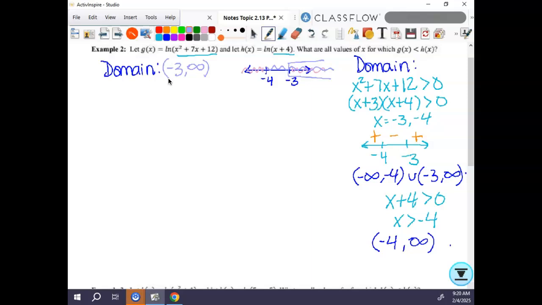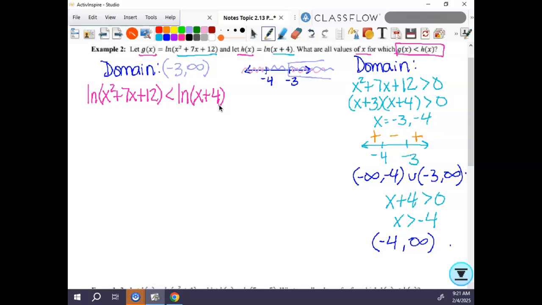I'm going to go back and read the question that I haven't read yet. Let g of x equal this, h of x equal this. I want all the values of x for which g of x is less than h of x. All right, so natural log of x squared plus 7x plus 12 needs to be less than the natural log of x plus 4.